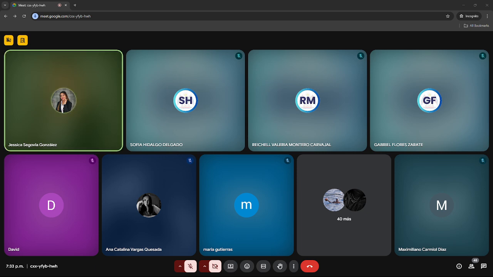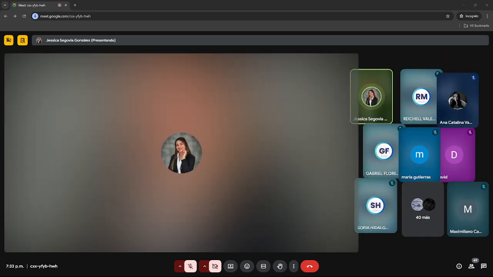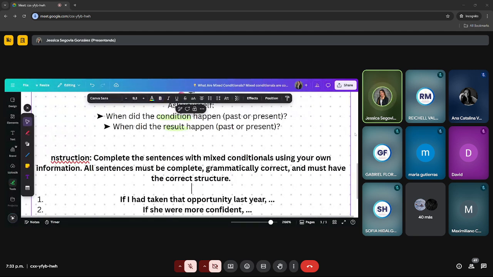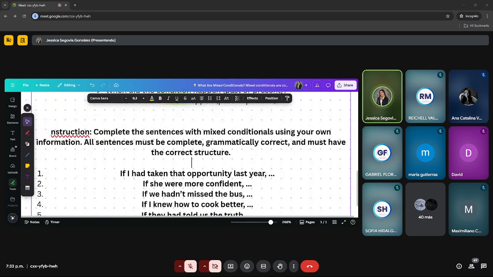Okay. I believe you can see my screen now. Let's look at this instruction.